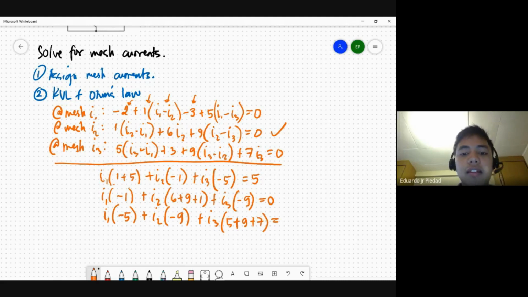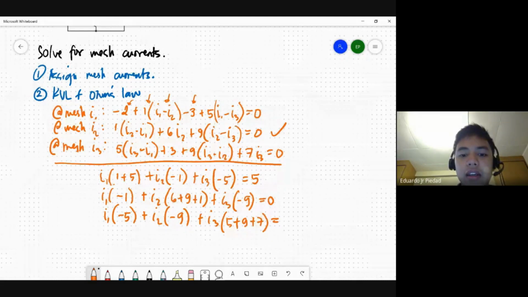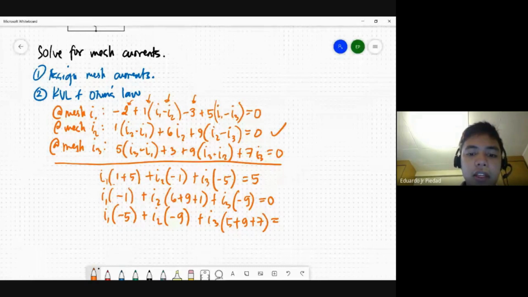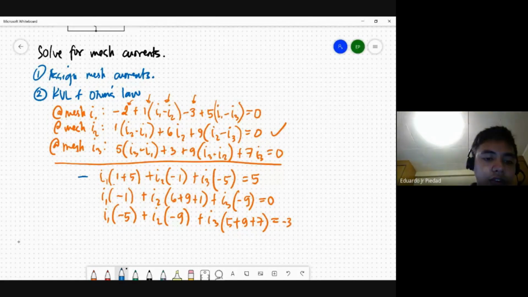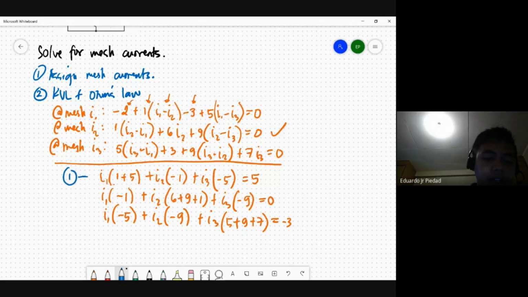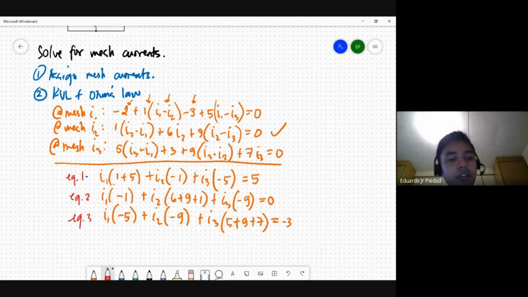How about constants? We have positive 3 here, transposed to the other side becomes negative 3. So here we have 3 equations: equation 1, equation 2, then equation 3. We have 3 equations, 3 unknowns.